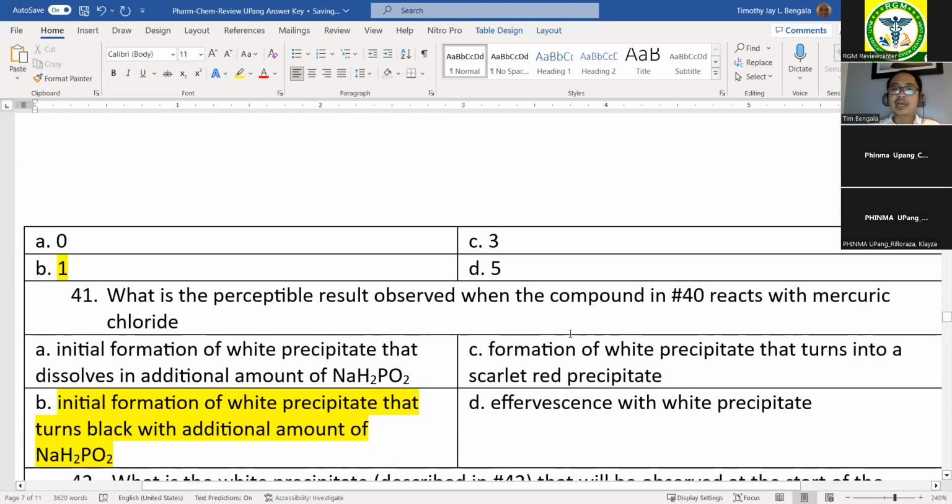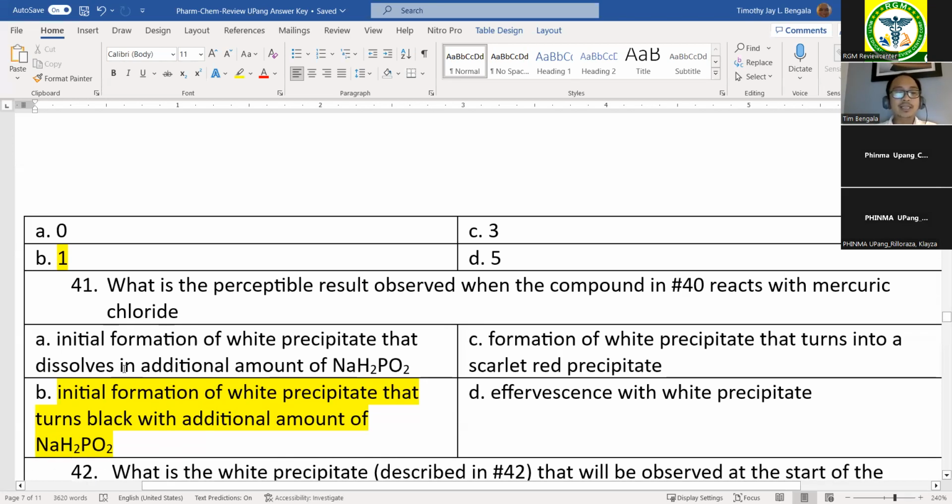What I want us to remember here is that you have the mercuric ion, which, as we mentioned last time, often undergoes redox reactions. Second, if you remember correctly, hypophosphite was one of our examples of reducing agents. If it's a reducing agent, it reduces what it reacts with. So the mercury chloride will undergo reduction, from mercury 2 to mercury 1, and then mercury 0.